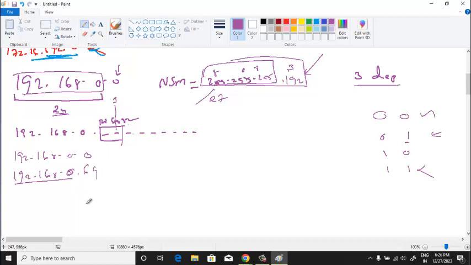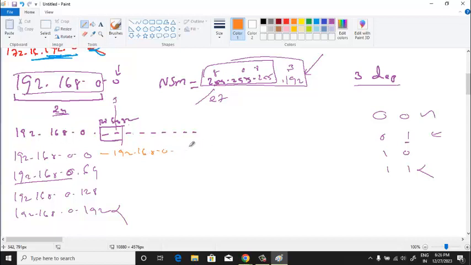Next, 192.168.0.128. Then 192.168.0.192, which we should not use, isn't it? Now, the first IP will be 192.168.0.1.